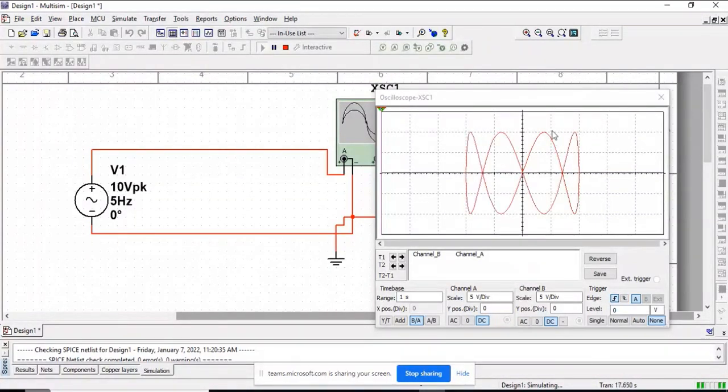So HT is 4 and VT is 1 because the vertical line is touching at only one end of this loop. So 4 upon 1 into input frequency 5. So 4 into 5, you will get 20 hertz. So this is the basic. You can calculate the output frequency or unknown frequency.